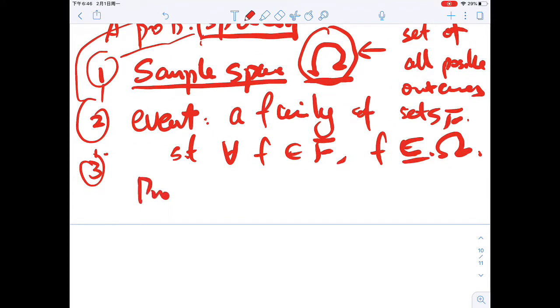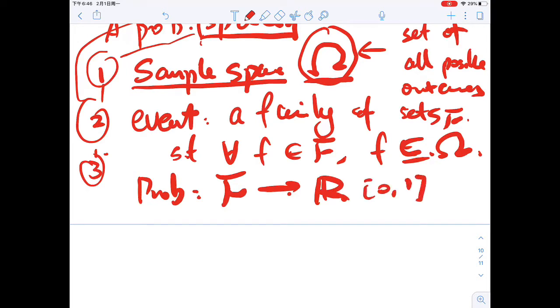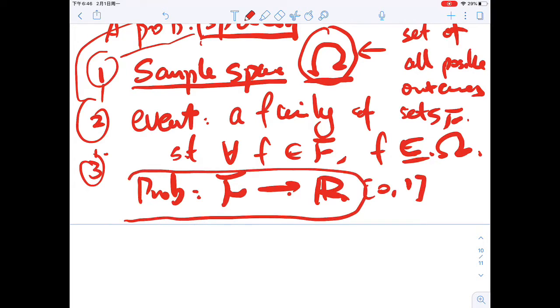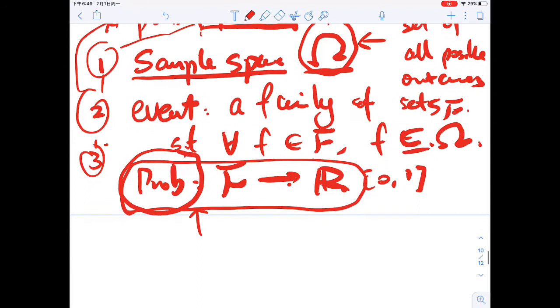And the third one would be a probability function that maps the event set to the real numbers between 0 and 1. Additionally, we need certain extra properties to make sure that this is a probability function. So this is definition 1.1 in the textbook.